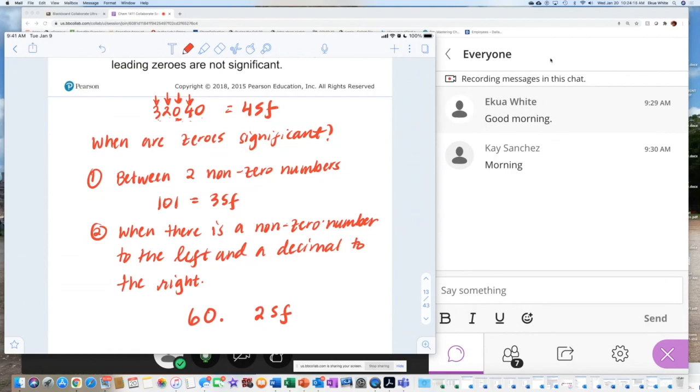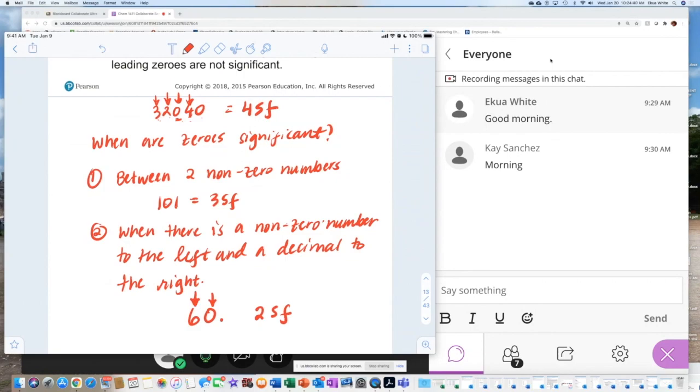Then once I learned the rules, I was like, oh, now I see why she was writing that. So 6.0 dot, okay, 6 is definitely significant based on the rules, right? The 0 right here is significant because it's sandwiched between a non-zero number on the left and a decimal on the right. So that makes this significant too.